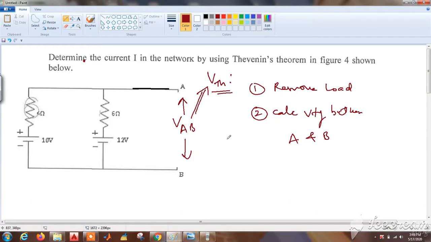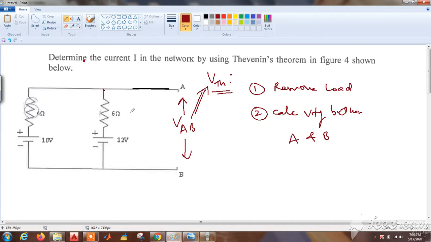Now we know that voltages will be the same in parallel. So parallel to VAB we can see a 6 ohm resistance and 12 volt battery. So VAB appears across the 6 ohms resistance, in series with the 12 volts battery.